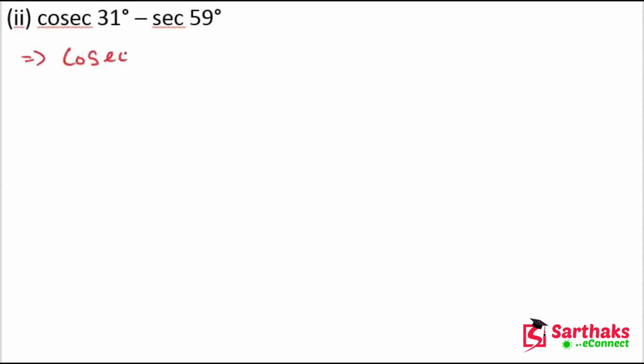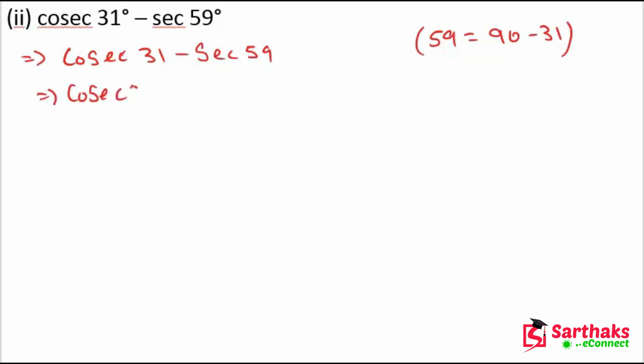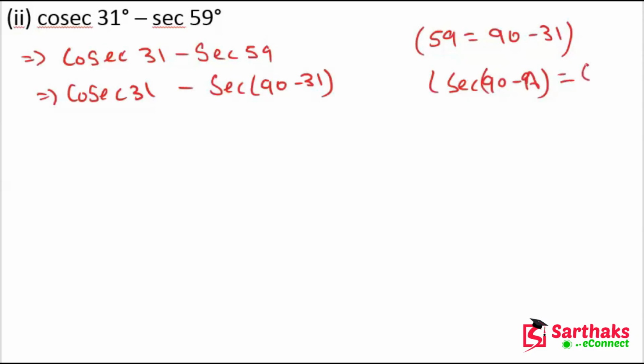cosec 31 minus sec 59. So now we are going to convert 59; we can write 59 is equal to 90 minus 31. So cosec 31 minus sec (90 minus 31), and we know that sec (90 minus a) is equal to cosec a.